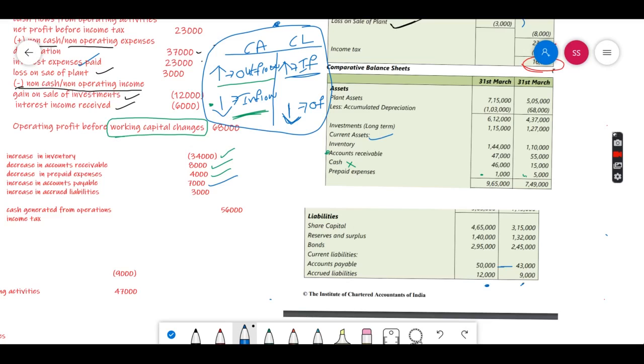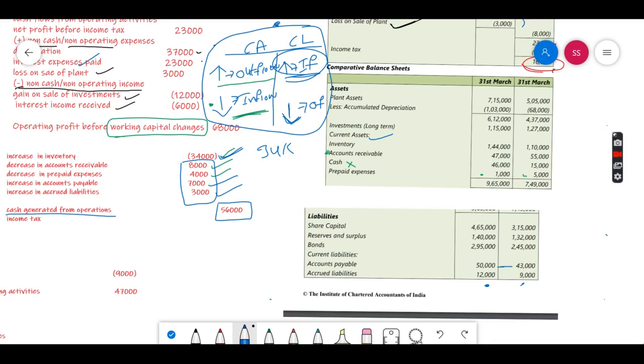Again an increase in current liabilities, a 3,000 inflow. So 68,000 minus 34,000, you will get 34,000. If you add all these things to the 34,000, you will get 56,000. That is the cash generated from operations.